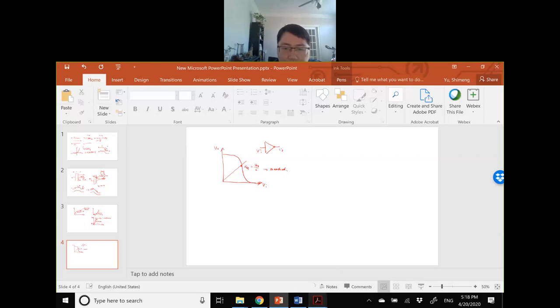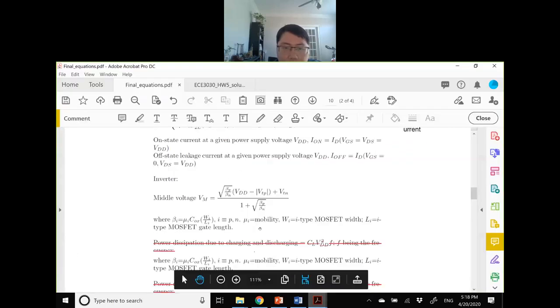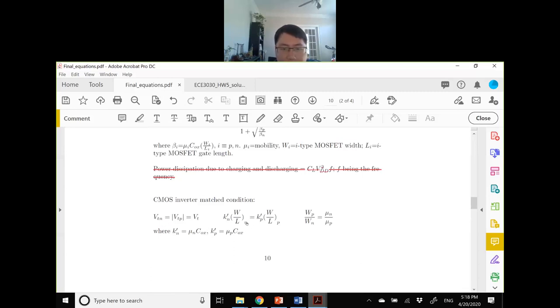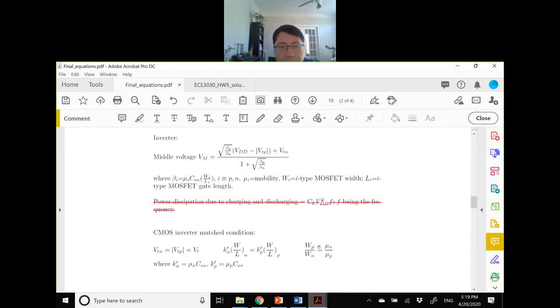The matched condition is when the threshold voltages of NMOS and PMOS are the same, and this parameter like Kn prime, which is mu n COX times W over Ln, equals mu P COX W over Lp. In other words, the W over L ratio should be inversely proportional to the mobility ratio, Wp over Wn equals mu n over mu p. So this is the matched condition.